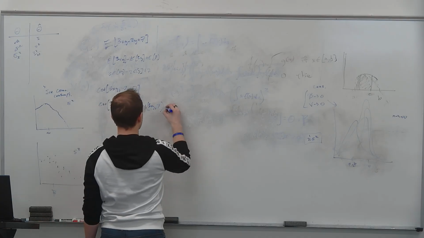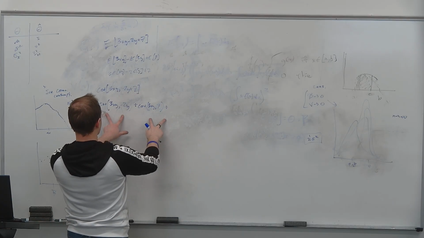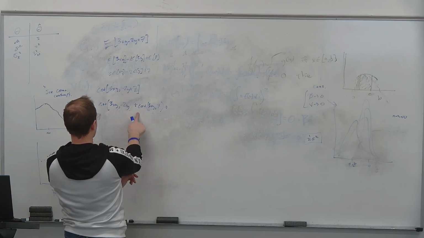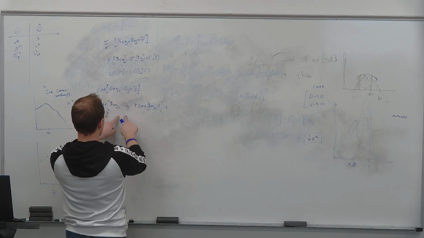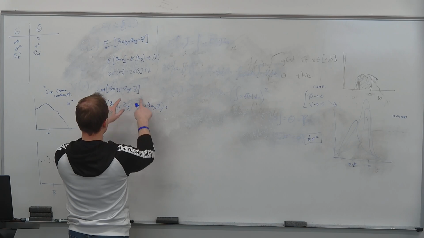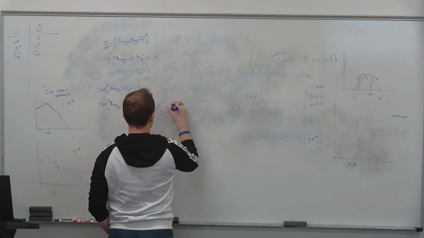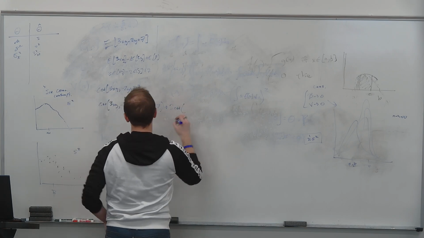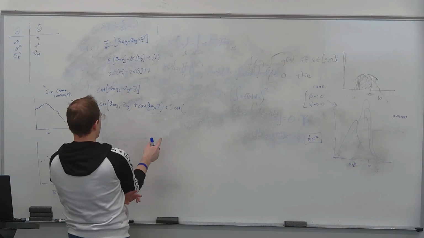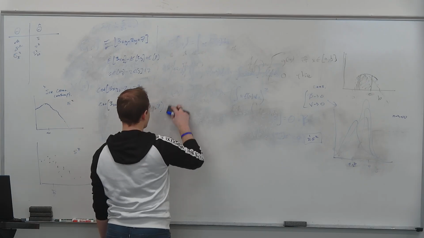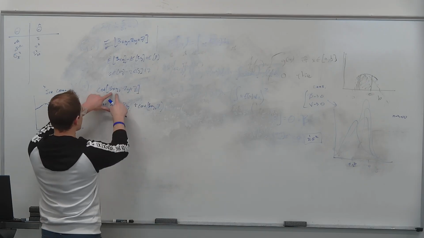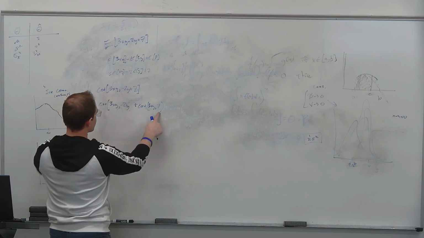Did I do this right? I'm thinking of variance. Never mind. We're good. So there's the covariance of 3xy and negative 2y, and the covariance of 3xy and 7.